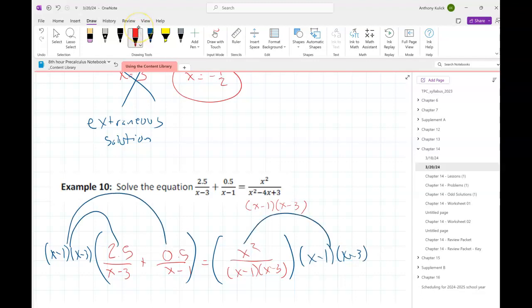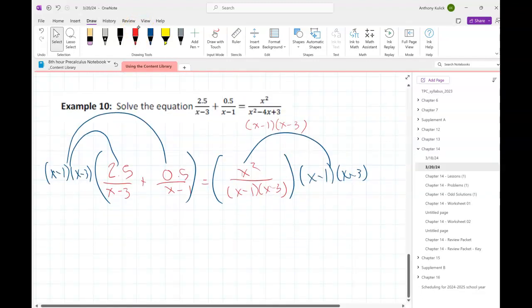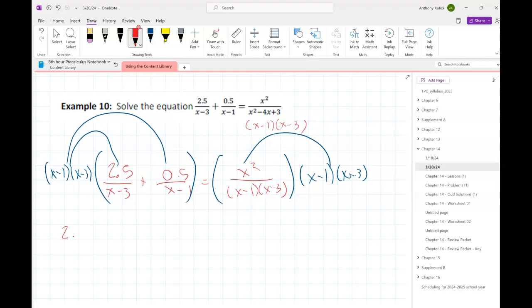Okay. When I distribute the x minus 1 times x minus 3 to 2.5 over x minus 3, what do I get? Good. I'm going to write it this way, though. And then when I multiply the x minus 1 times x minus 3 to 0.5 over x minus 1, what do we get?